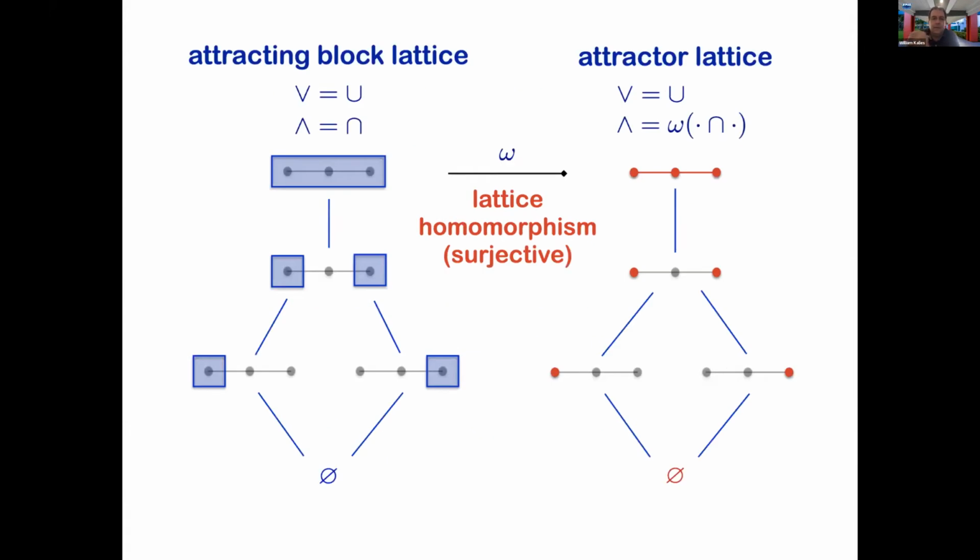If I look at what the lattices look like from the example that I just did, the lattice on the left is the lattice of attracting blocks, where I have the empty set at the bottom and the 2 squares, and then their union. So I have the union of the 2 squares, and then the bigger rectangle, right?